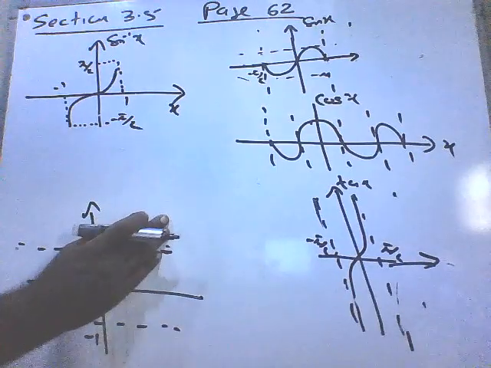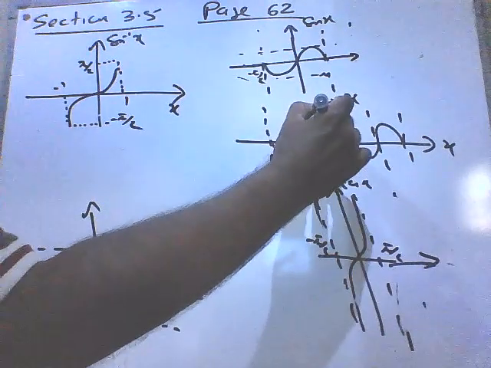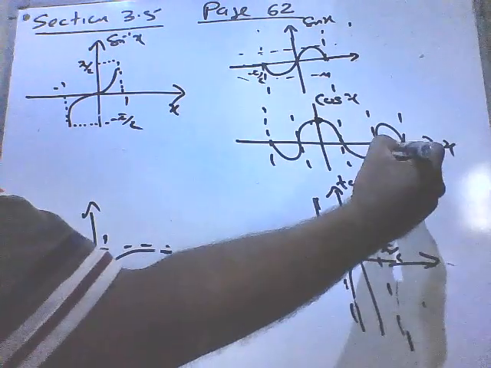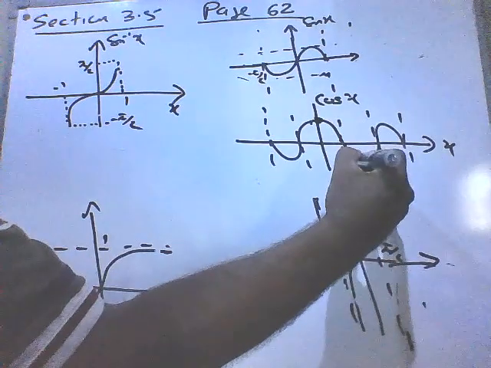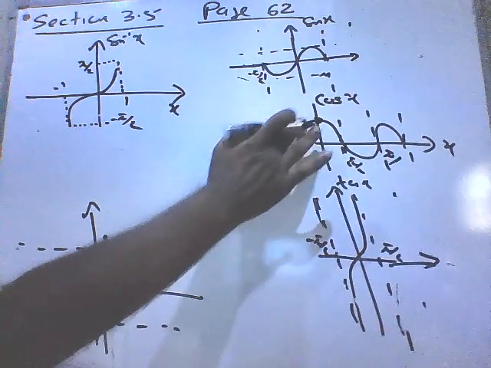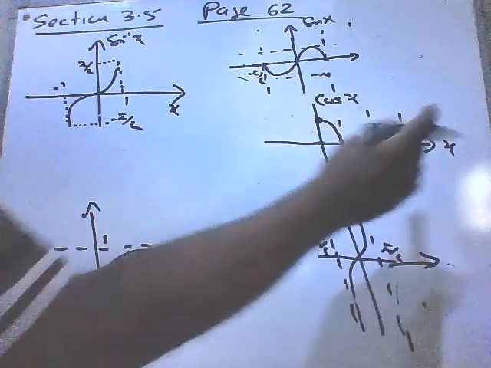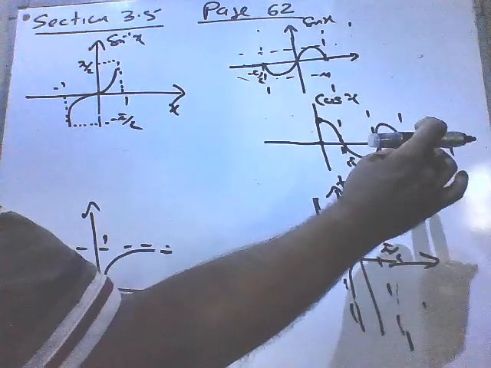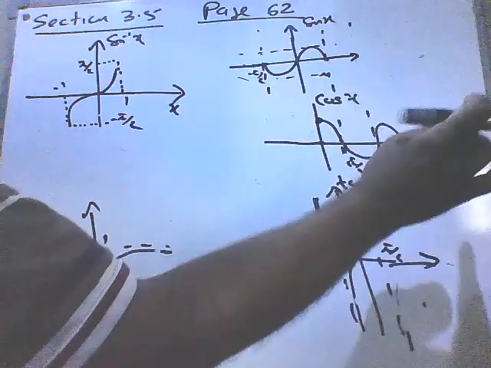So to get that, what we should consider is 0 to pi.